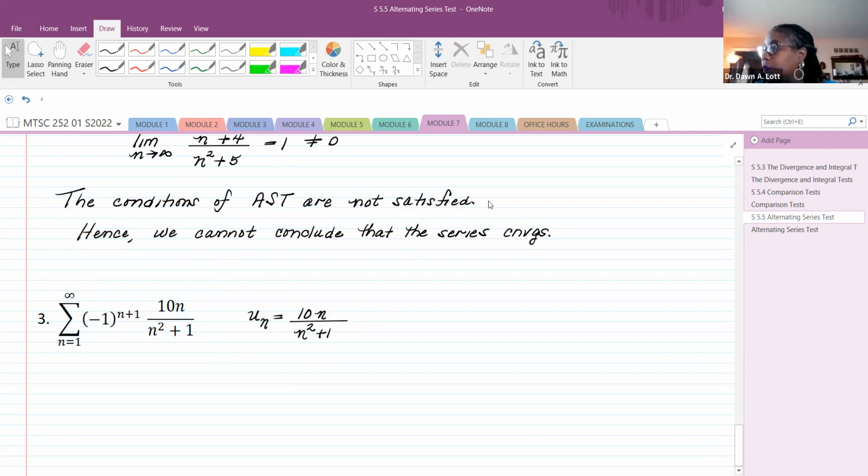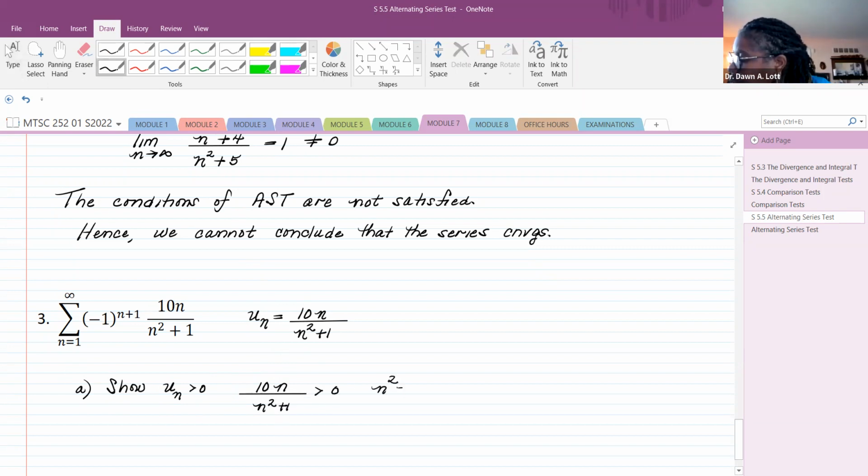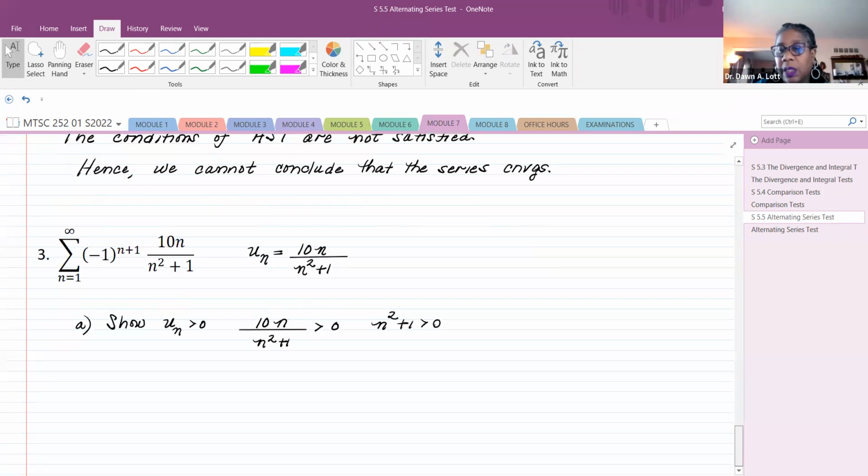All righty. So we need to show un is greater than 0. And so we get 10n over n squared plus 1. n squared plus 1 is positive, so we can multiply it without switching the signs.